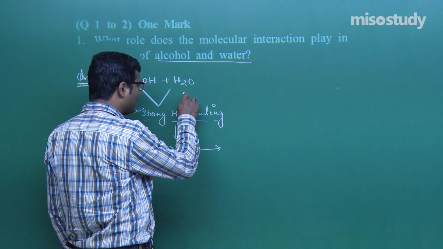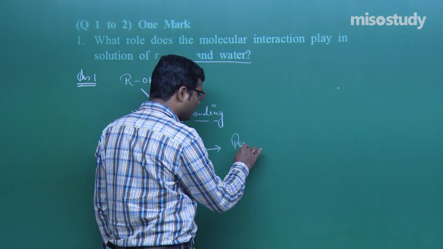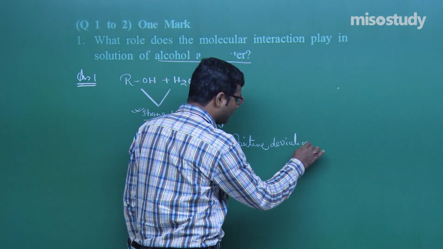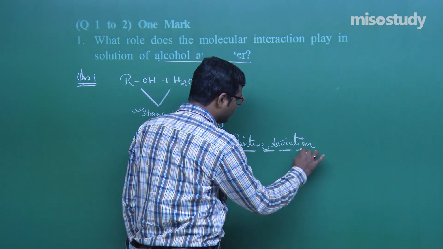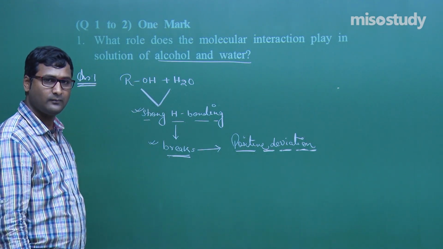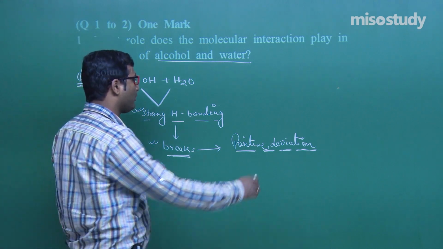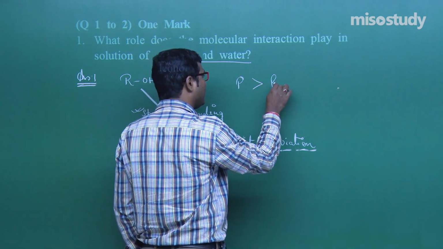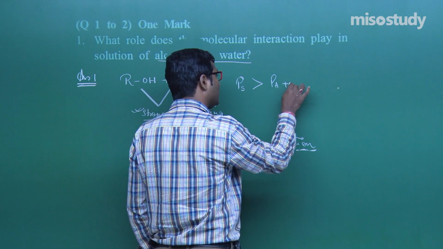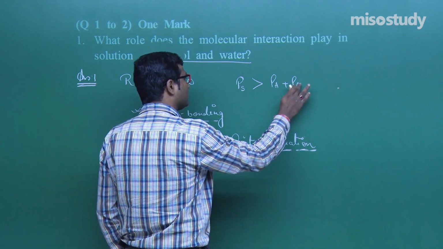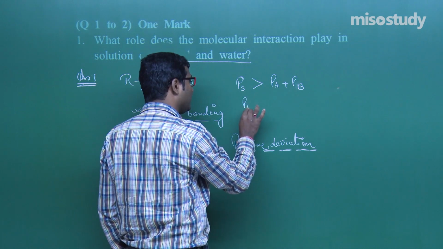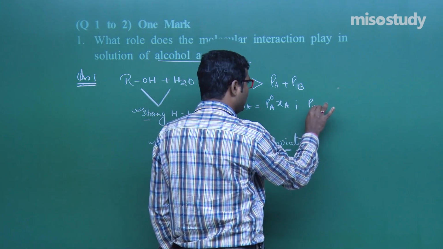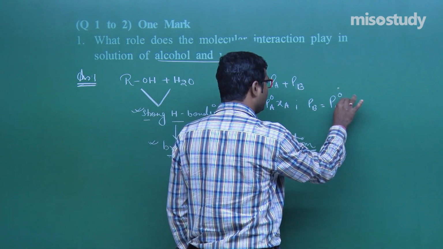So, in this case if the existing bond breaks, then it will show positive deviation. Again I am repeating, it will show the positive deviation. Clear, my friend, what I am telling? It will show positive deviation, that is P is greater than PA plus PB, where PA is equal to P naught A into XA, and PB is equal to P naught B into XB.